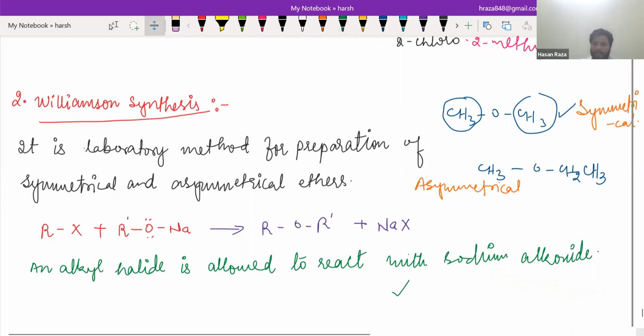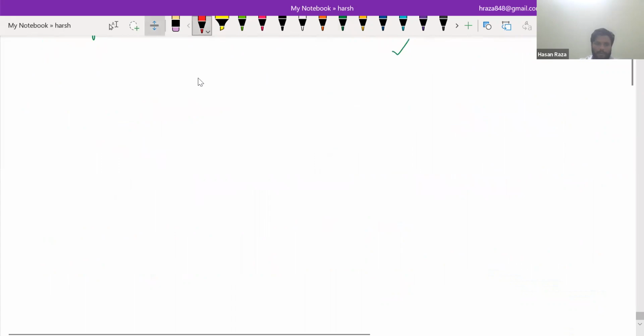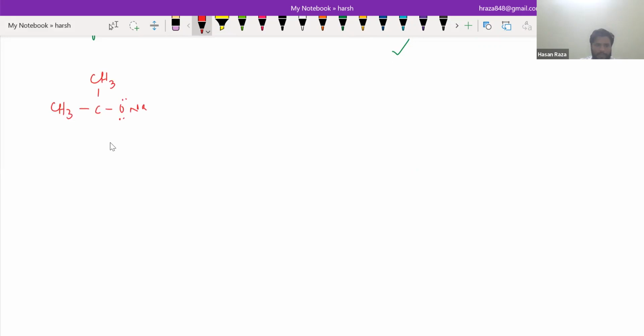Now see, secondary and tertiary. If you have CH3CONa, and you are going to react this with a primary halide, that is CH3Br, then what happens?